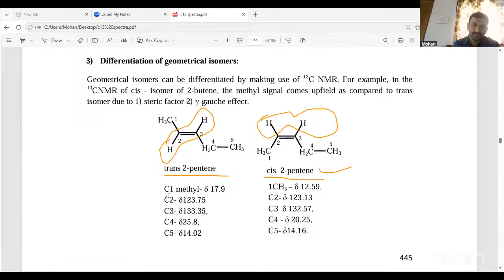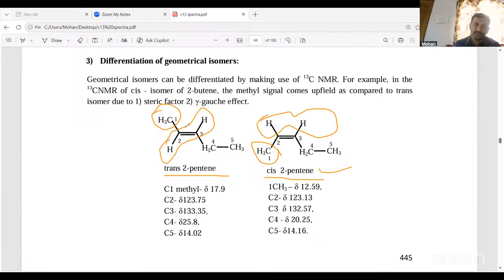Here you see the C1 carbon, the methyl, in the trans and cis isomers; the values are given below. You can see the same molecular formula in both cases, but the spatial arrangement of the groups or atoms is different. Based on that, you will observe different chemical shift values.